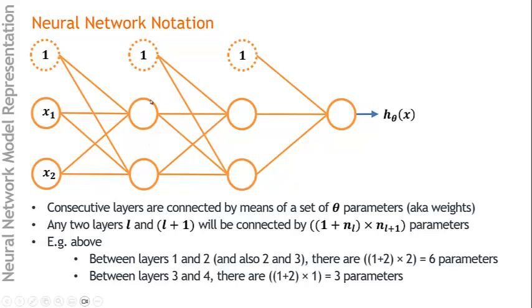Every node here, let's leave off the 1 for a moment, every node here is connected to every node here. So the total number of connections is the number of nodes here times the number of nodes here. But we additionally connect 1 to all the nodes in the second layer. So that's where this 1 comes from. So 1 plus NL times NL plus 1. Okay, so you can see these particular examples.